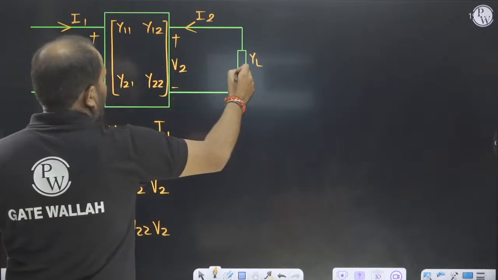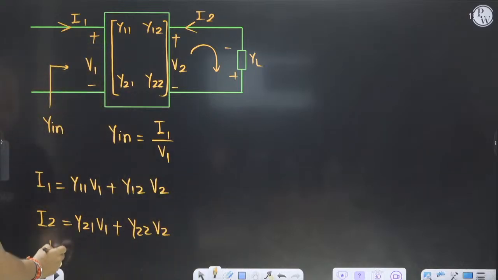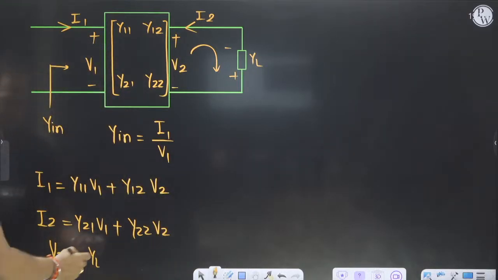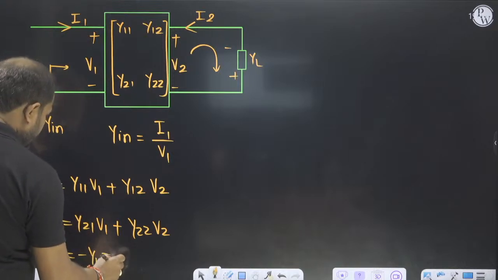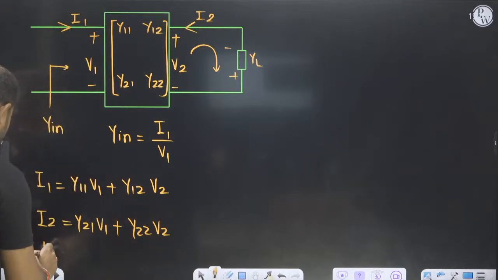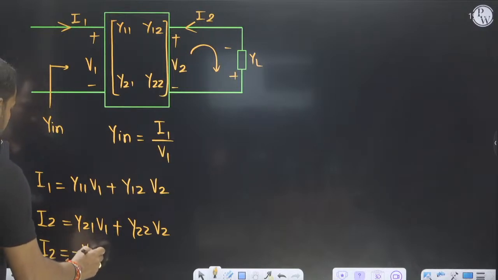Current will be flowing like this, and by KVL, V2 will be equal to minus YL into I2. So I2 will be equal to minus V2 into YL.